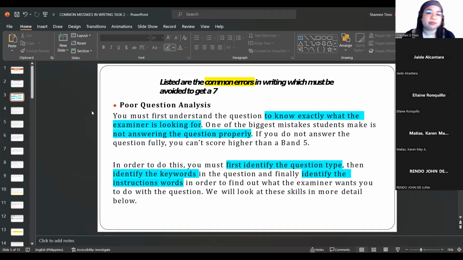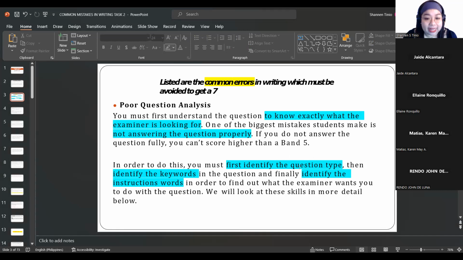That's why what you have to do first is identify what type of question it is and identify keywords. In every test, keywords are so important. So do context clues. So you also have to identify instruction words.